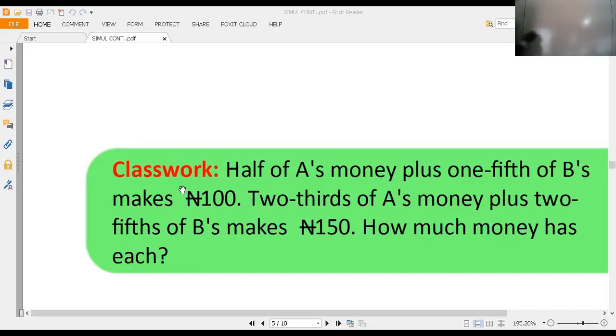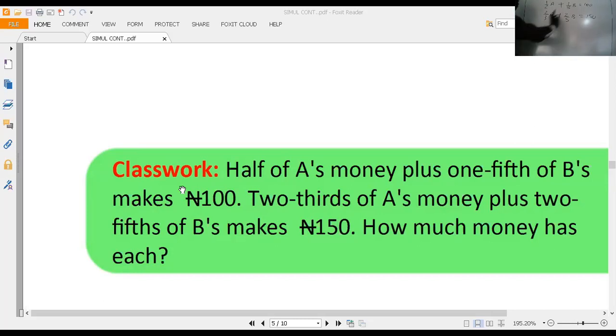Going by the question given, half of a plus 1/5 of b is given as 100. You were also told that 2/3 of a plus 2/5 of b equals 150.